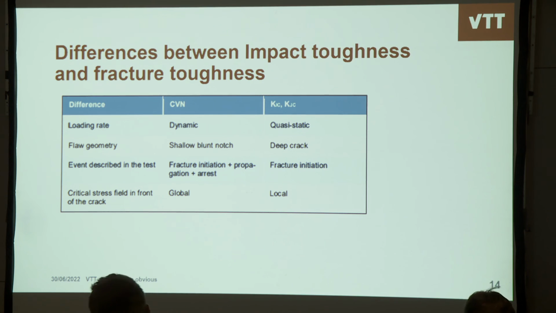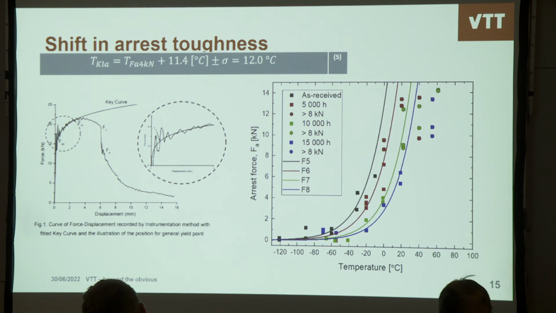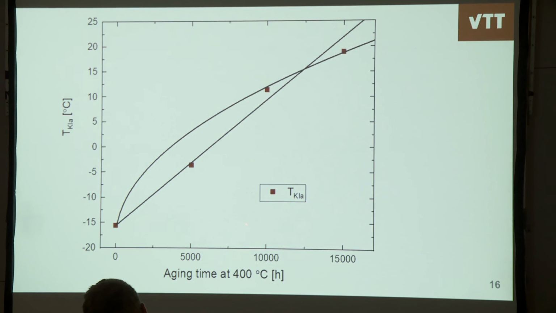So we decided to look on the crack arrest forces measured from the instrumented impact tests, and we were able to generate this kind of curve, and those results show that the arrest toughness shift is 35 degrees.